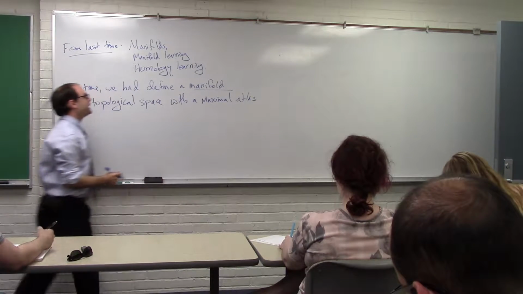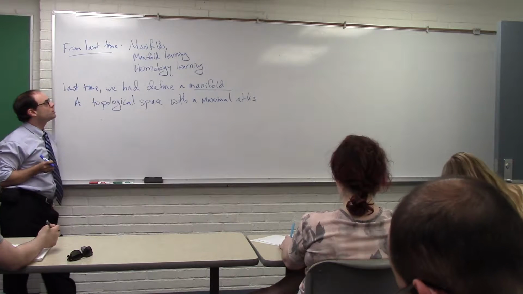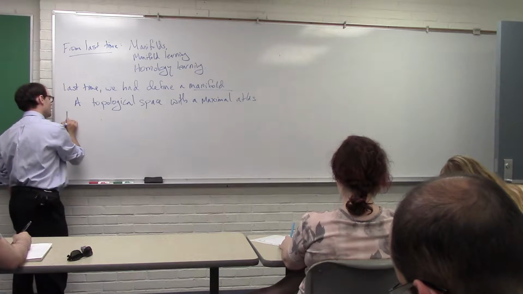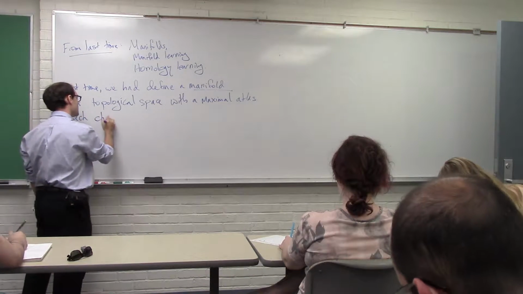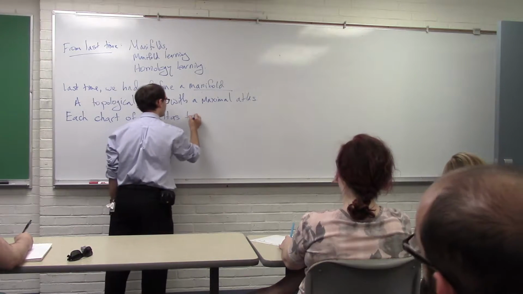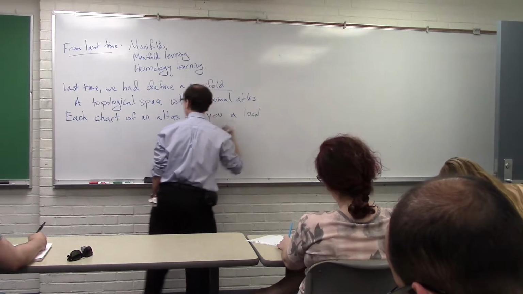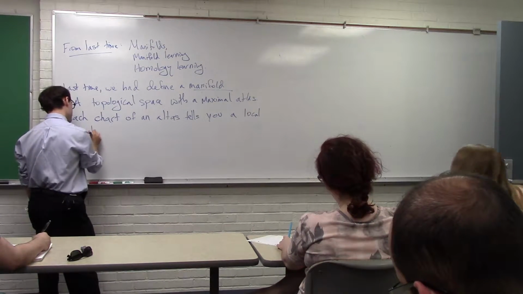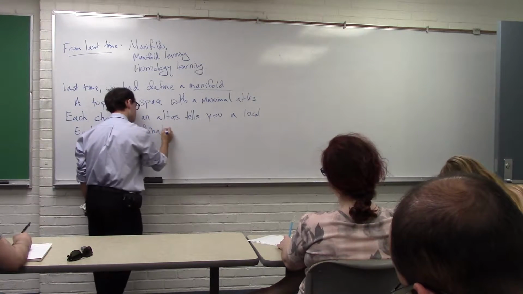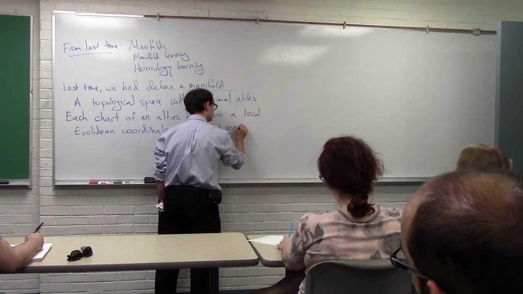And the key thing about atlases is they tell you locally what a Euclidean coordinate system looks like. So each chart of an atlas tells you a local Euclidean coordinate system. That's the point.